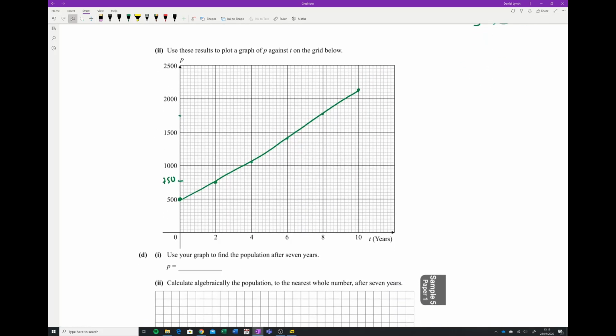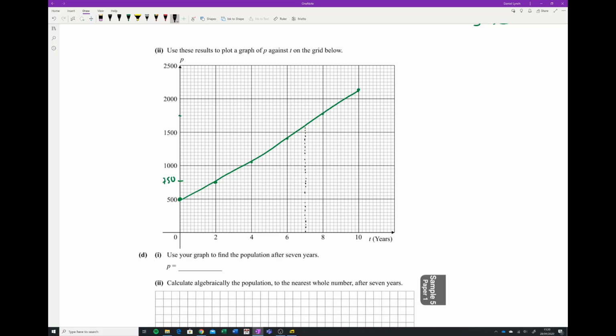Okay, use your graph to find the population after 7 years. So this is important. When they say use your graph to, what you really have to do is actually show it on the graph. You have to show that you haven't just typed this into a calculator in order to get out the answer. So what you should be doing is going to 7 years with a ruler, which I can't do on my screen.